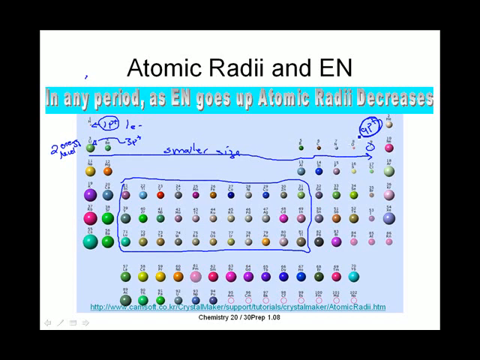And this trend holds true through each period. Same thing here. These all have 3 energy levels. But as we go up, the charge, the magnitude of the nucleus increases.